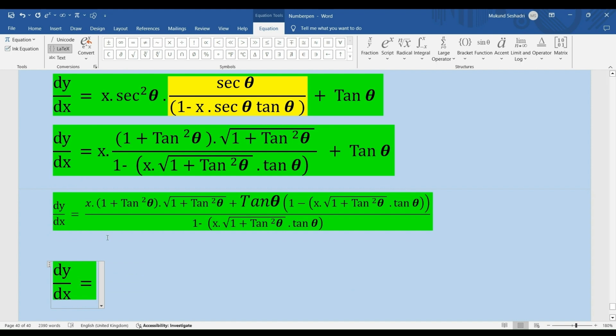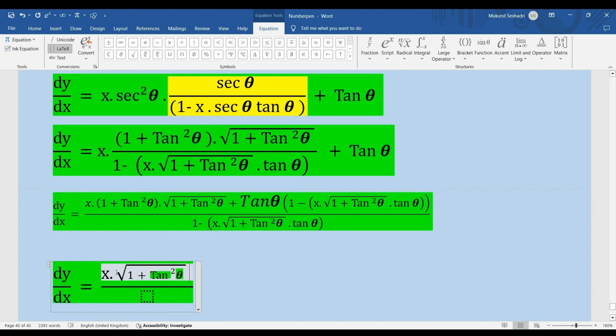And when I expand the first expression, I get x times square root of tan square theta, which I write as it is, right?